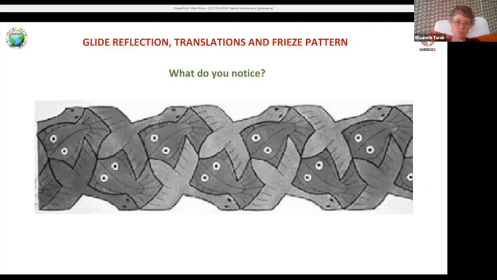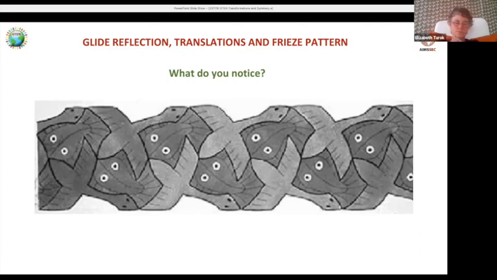Look at the birds. Focus on the birds and ignore the fishes with their white, bright eyes. What do you notice? The same reflection reflects one bird to another. Same transformation. What do you see in the picture?